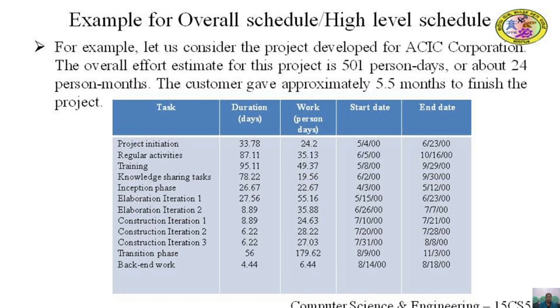The milestones are determined by using the effort estimates for the phases and an estimate of the number of resources available. The table here shows the high-level schedule of the project. This project uses the Rational Unified Process in which initial requirement and design is done in two iterations, which are specified as elaboration iteration 1 and elaboration iteration 2.